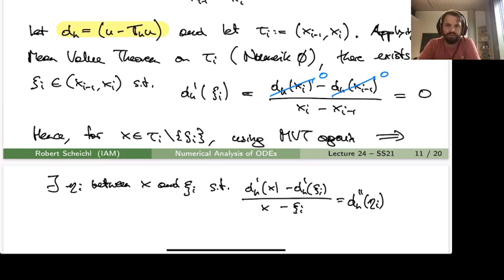And if I take two derivatives of a linear function, so we know that Pi_h u double primed obviously has to be 0 because it's a linear function. And so we can basically deduce that d_h double primed of eta_i is in fact simply u double primed at eta_i.